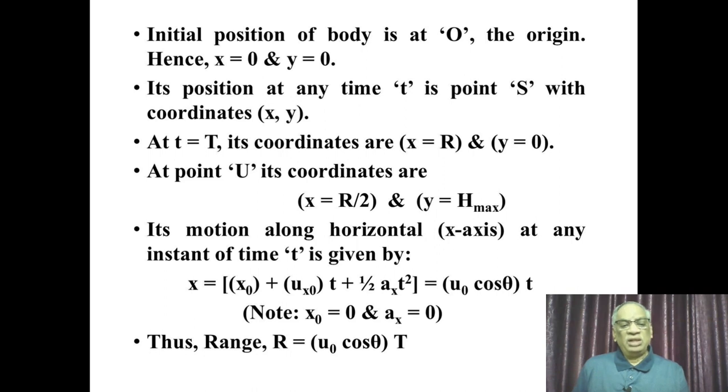Here x naught is the initial position, which is 0 in the present case, ux is the constant velocity u naught cos theta, and ax is 0 because the body is moving with constant velocity. There is no acceleration in the x direction. So ax is 0, x naught is 0. So it becomes u naught cos theta t. So the range becomes u naught cos theta times T, small t replaced by capital T, the time of flight. So range is given by u naught cos theta into its time of flight.